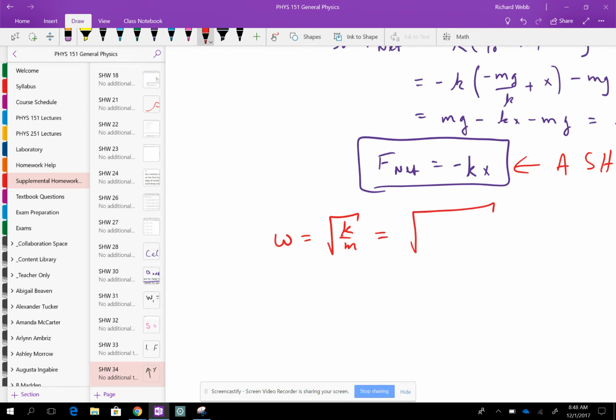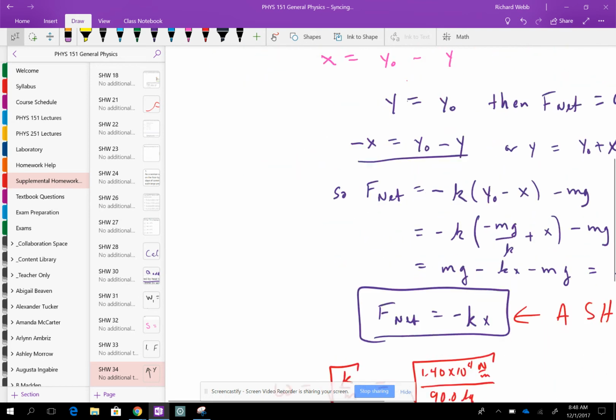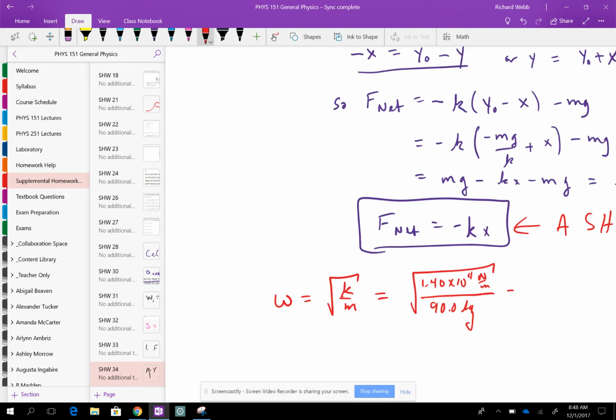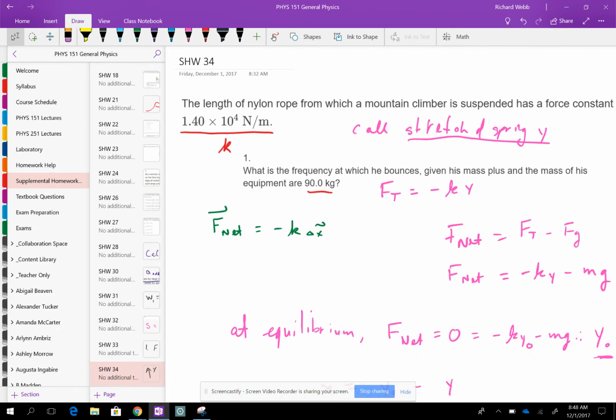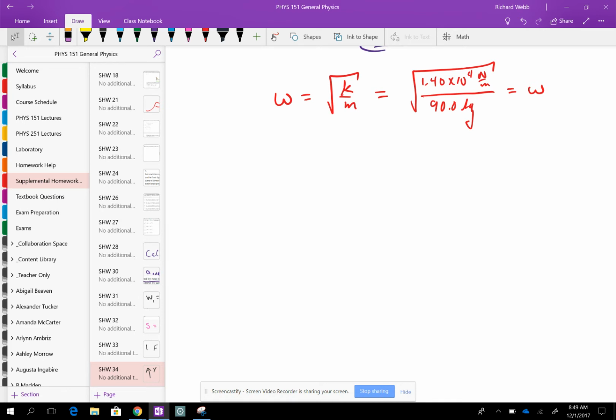It's just the square root of my k value over the mass, which was 90.0 kilograms, if I remember right. Yep. And so finding omega is very simple. I said it's a one-liner. Actually, it's a two-liner because it says, what is the frequency? How do we go from, what's the name for omega?